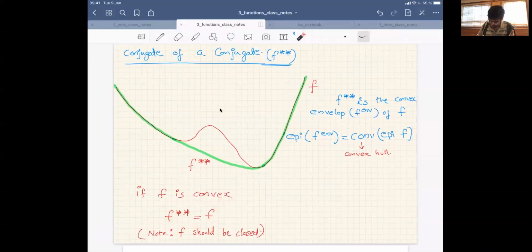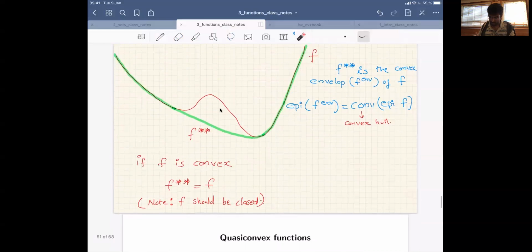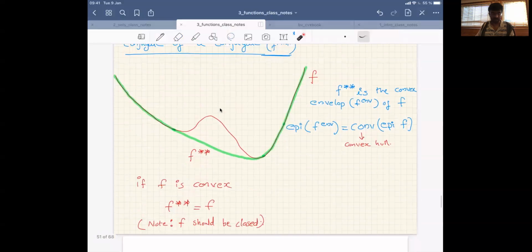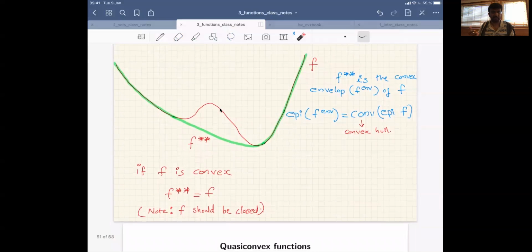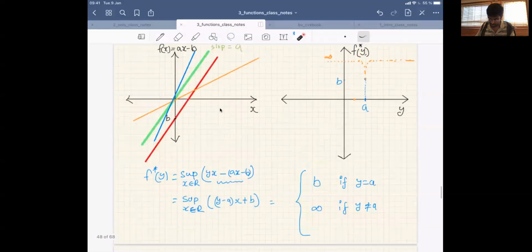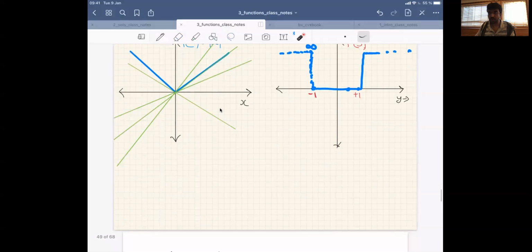There is some technical condition: f should be closed, but we are not going into the detail of this boundary condition. Let's skip that. But the important thing is, if the original function is a convex function, then the double conjugate will give you back the original function. So that's the concept of the conjugate function. Let's move on.